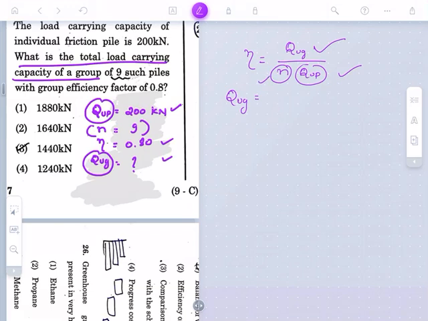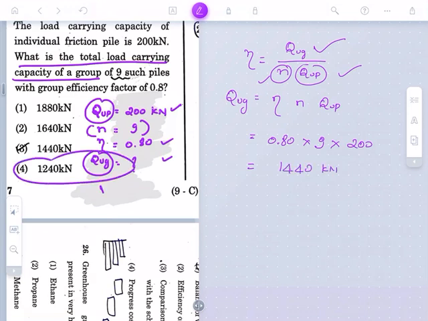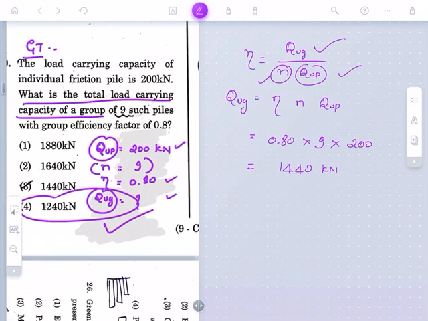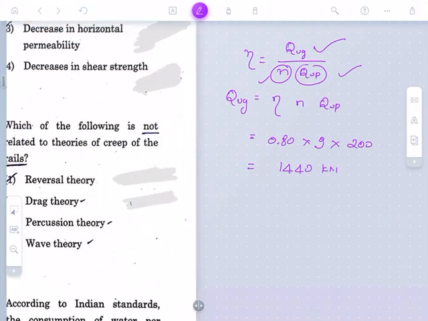Now we need to find QUG, where QUG is equal to efficiency times N times QUP. What is the value of efficiency? Efficiency is given as 0.80. The number of piles is N and QUP is equal to 200. If you calculate this, you will get the answer as 1440 kilonewton. So the fourth option is the right answer for this question. Very easy question from the geotechnical engineering pile topic.